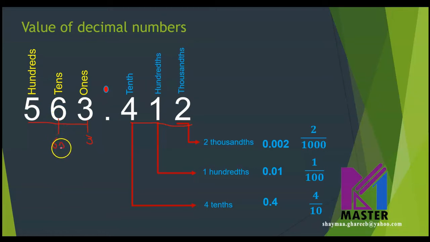So its value will be 60, or I can write it in words as sixty. What about this 5 in the hundreds place? So I can write it as 500. So the value of it is 500, or I can write it in words as five hundred. Is this clear?